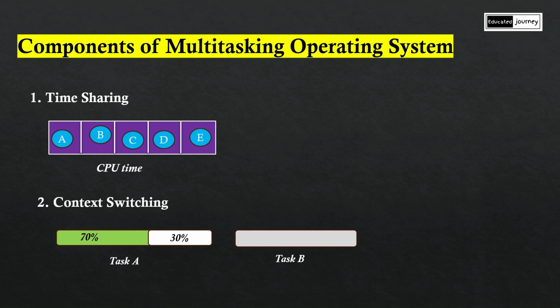Thereafter, the CPU is given to task B. And when the CPU has completed task B, the CPU will be given again to task A to complete the remaining 30%. So task A will start from 71% to 100%, which means the remaining 30% will be completed and the 70% was saved. This is what context switching means.